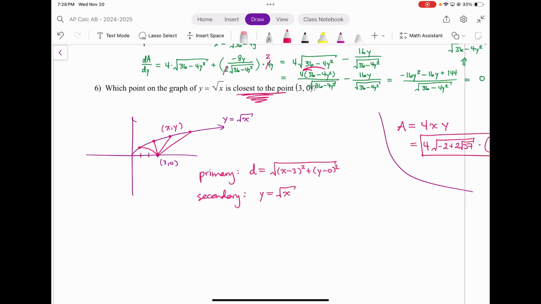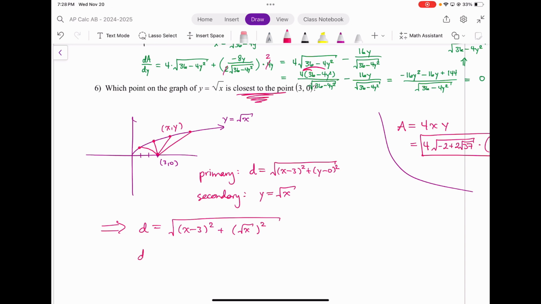That is our secondary. So let's plug the secondary into the primary. So d equals the square root of (x minus 3) squared plus, now y minus 0, that's going to be the square root of x, squared.